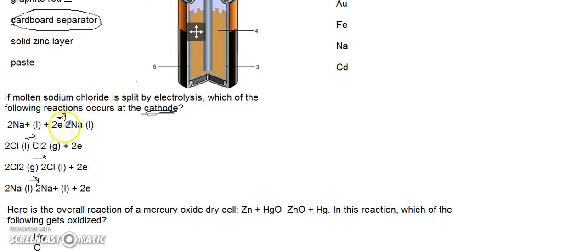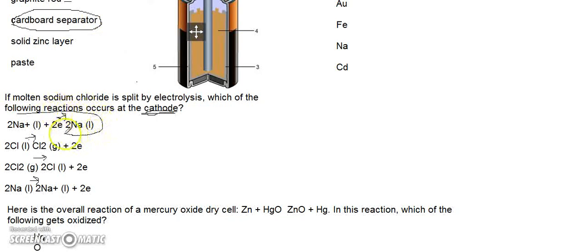So the arrow goes here in between the electrons and the Na, and the arrow goes here and here and here. And we know a reduction reaction is when an atom is gaining electrons, right? Reduction is when we're gaining electrons, and the only one that's gaining electrons is this top one.